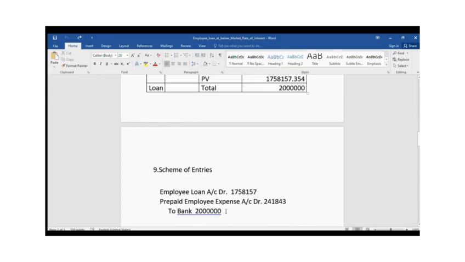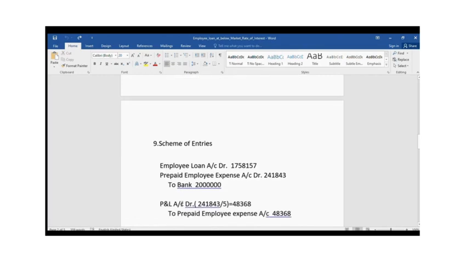Now the prepaid employee expense account would be amortized over a 5-year period at the same value. So the accounting entry for this would be P&L account debit to prepaid employee expense, with 48368 in each of the 5 years.